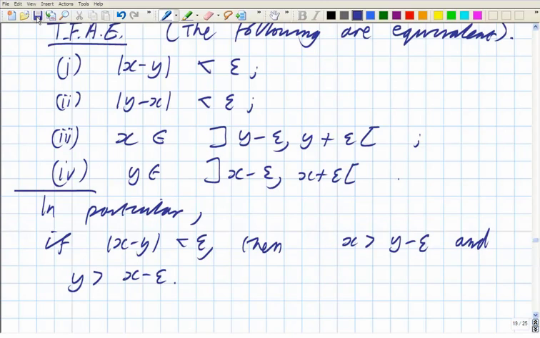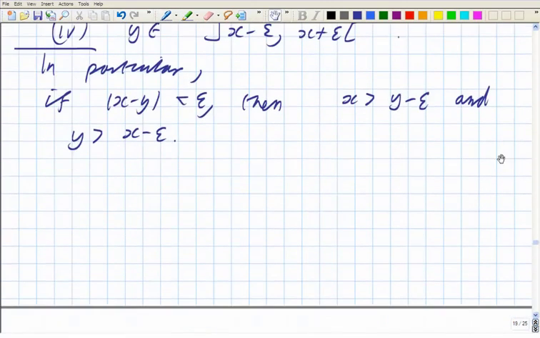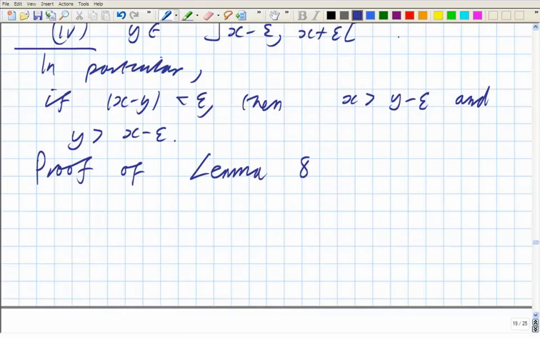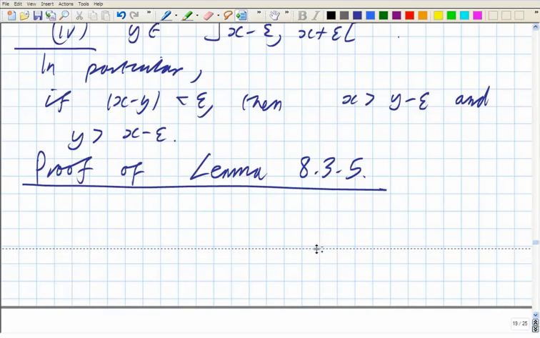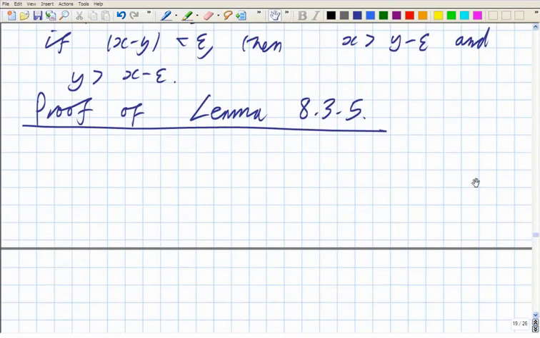So now we go back to the statement of this proof, which unfortunately is no longer on the screen, and I don't want to scroll all the way back to it. So you should look back at your statement of lemma 8.3.5, because we're going to prove that now. So what are we given?